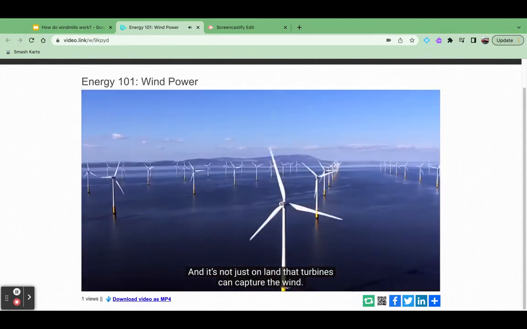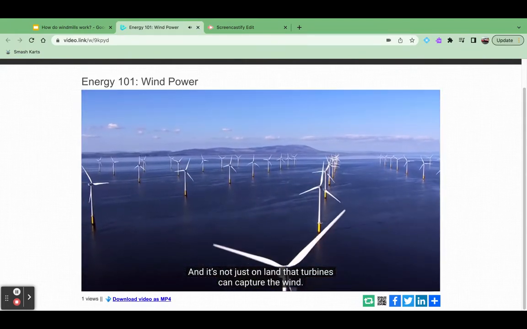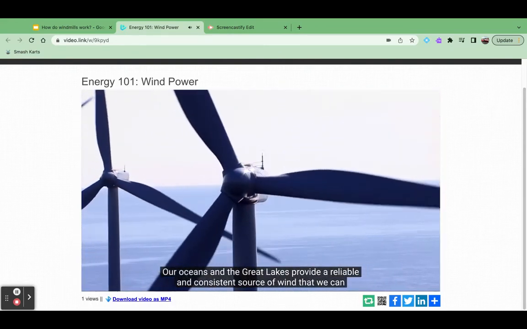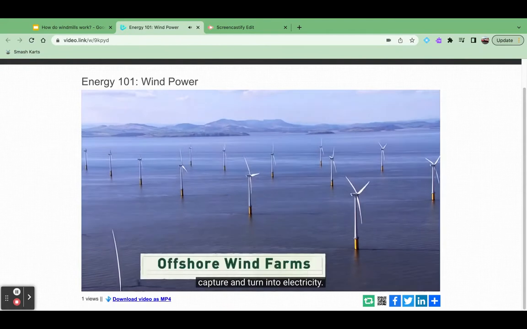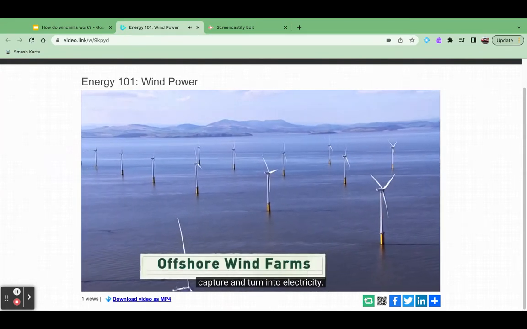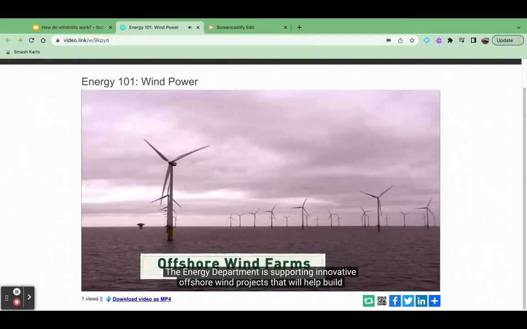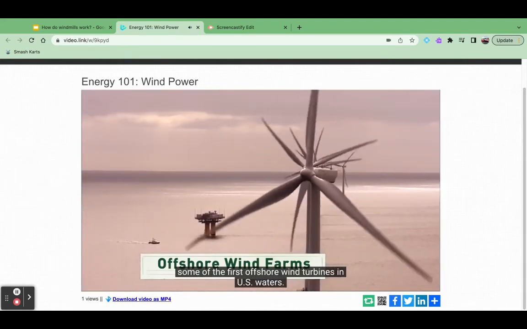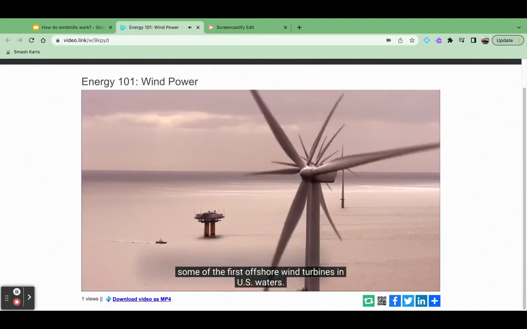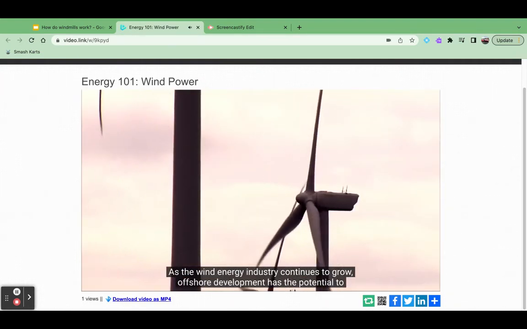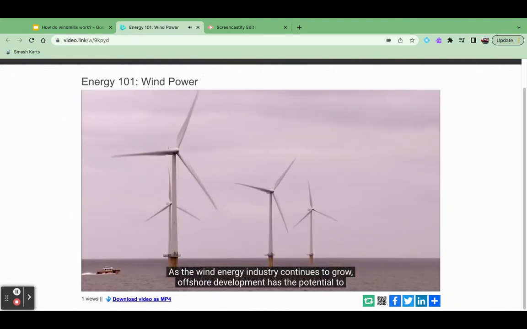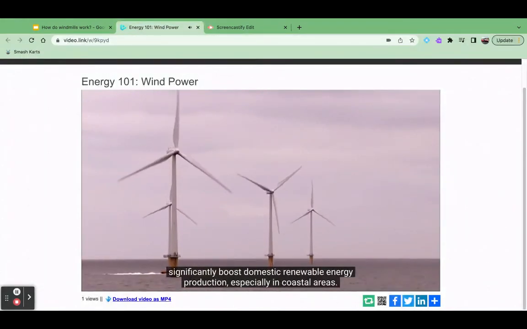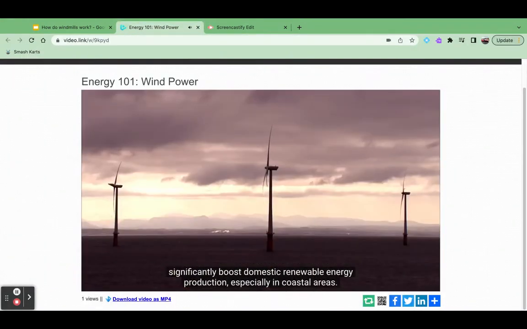And it's not just on land that turbines can capture the wind. Our oceans and the Great Lakes provide a reliable and consistent source of wind that we can capture and turn into electricity. The Energy Department is supporting innovative offshore wind projects that will help build some of the first offshore wind turbines in U.S. waters. As the wind energy industry continues to grow, offshore development has the potential to significantly boost domestic renewable energy production, especially in coastal areas.